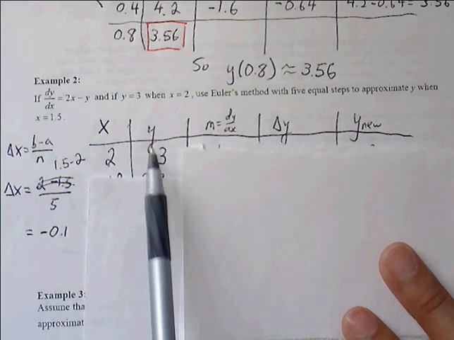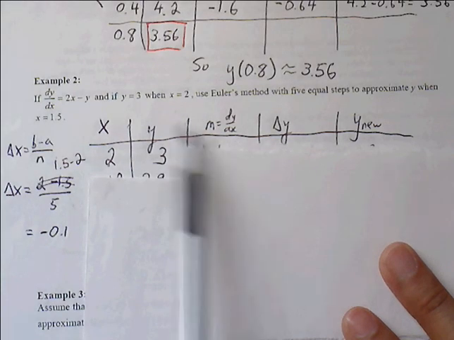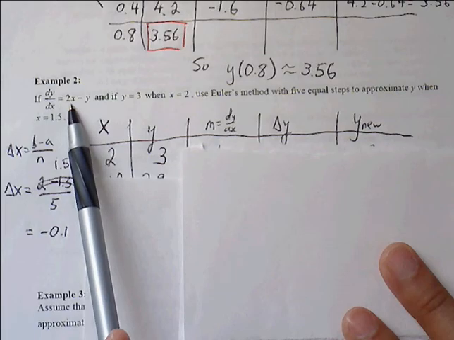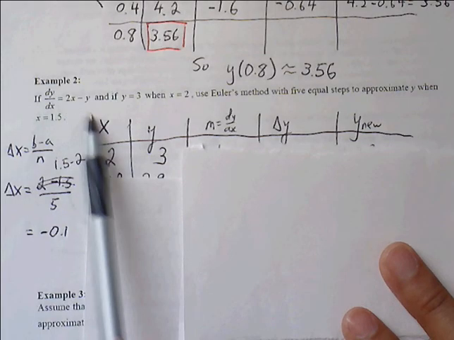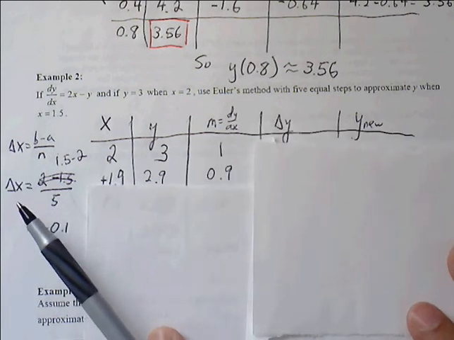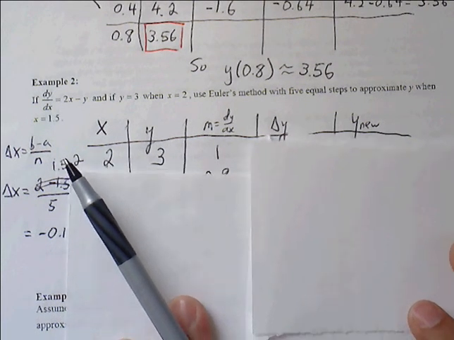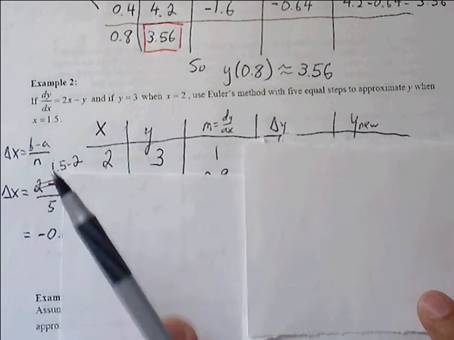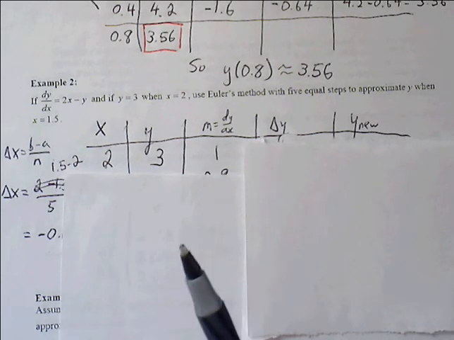When x is 2, y is 3. M is dy over dx, so we go to our derivative rule. So 2x minus y, so 2 times 2 minus 3. 4 minus 3 is 1. And next, we find our delta y, which is just going to be m times delta x.